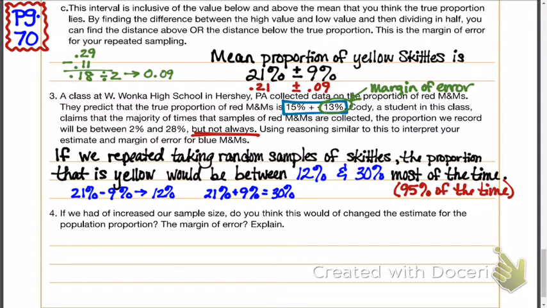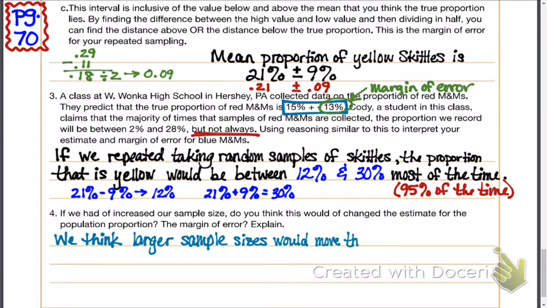So we think larger sample sizes would move the estimate of the population proportion closer to 20%.